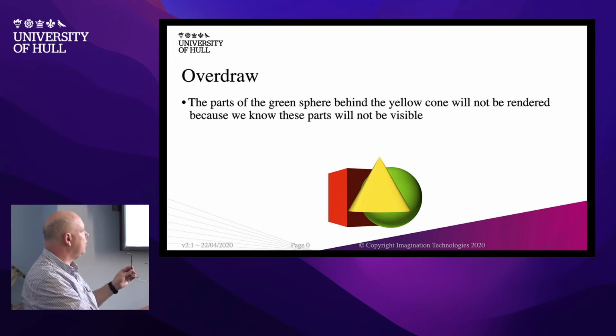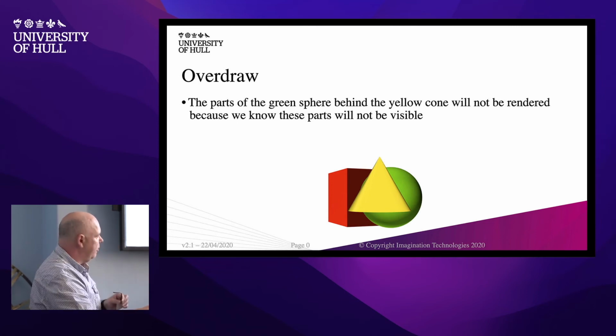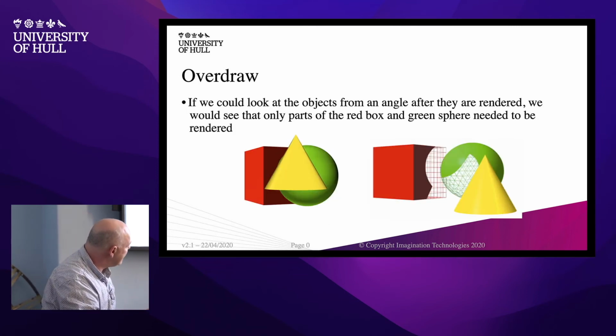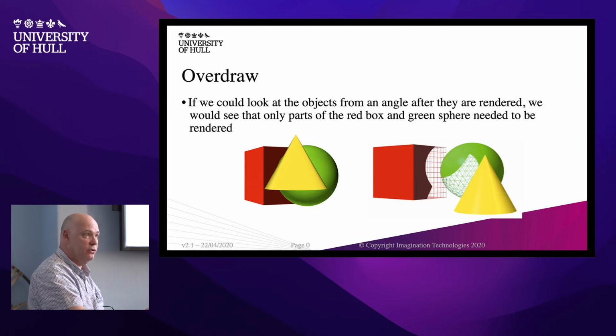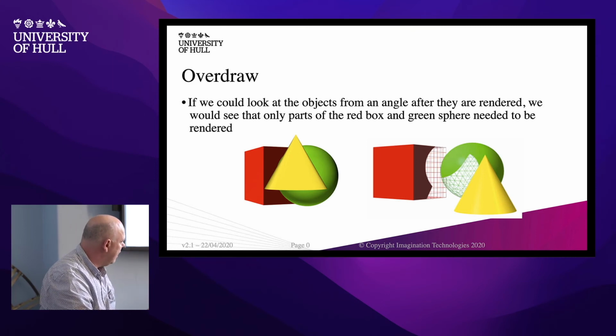In fact, if you could split that up and move it to the side, that's what we actually needed to render. All of these parts over here that we originally processed for the red cube, we didn't need to. That's just wasted power and performance. The cone was at the front, so that was okay, and this is all the thing that we needed to do.